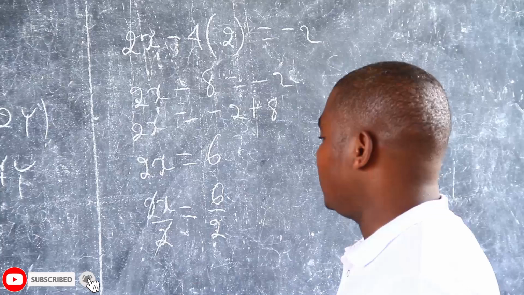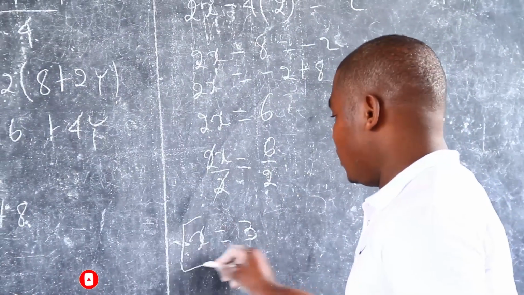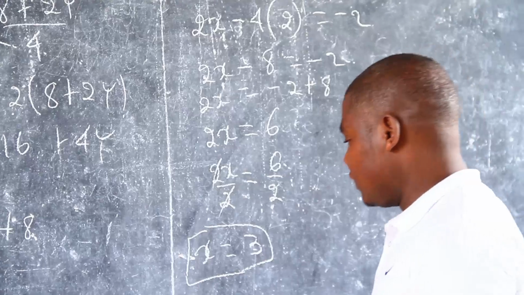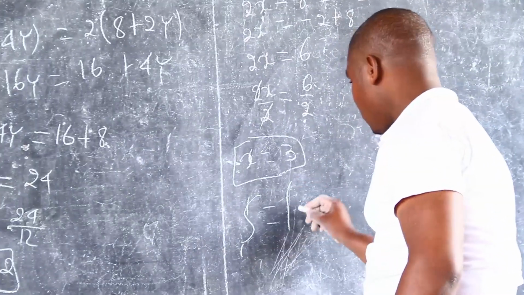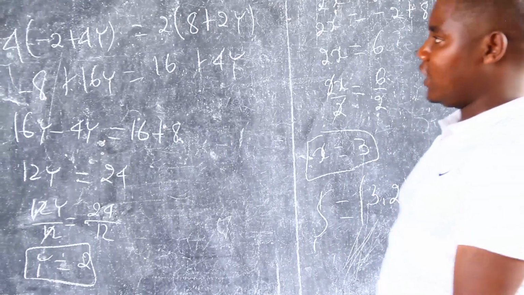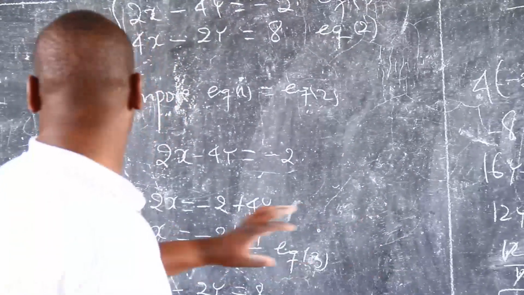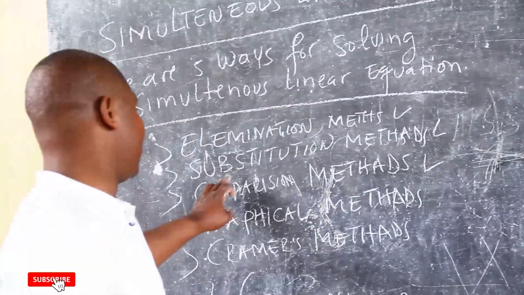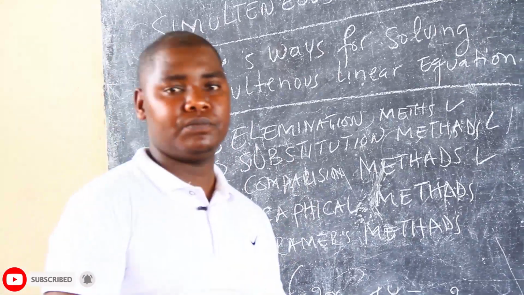I simply find x will be equal to 3. This is the value of x. Then the solution will be equal to (3, 2). This is very clear. This is the way of the comparison method. From the elimination method, substitution method, and comparison method, we find the same answer.